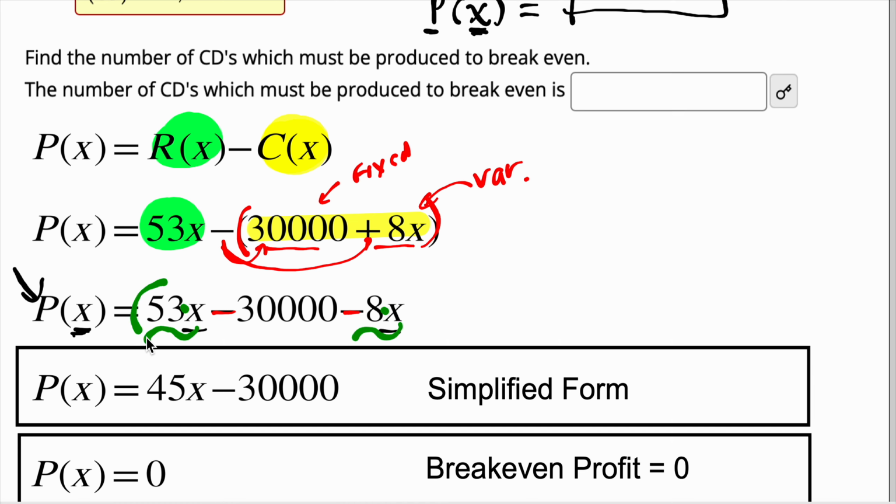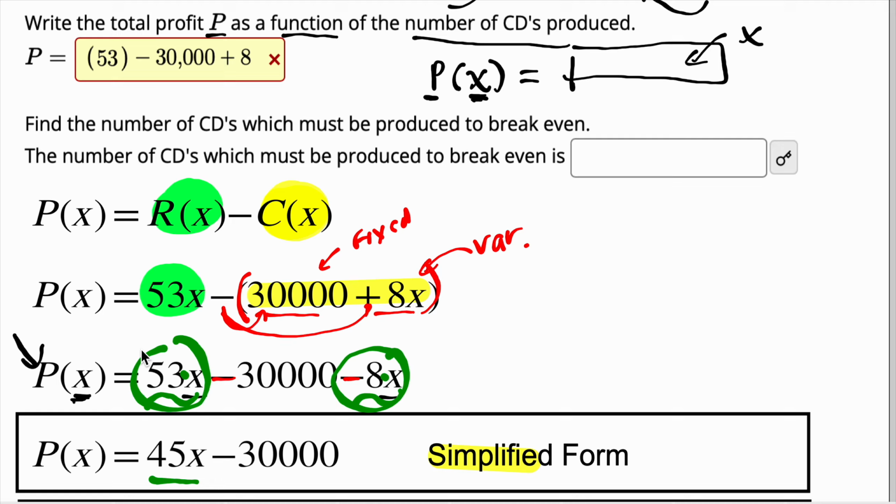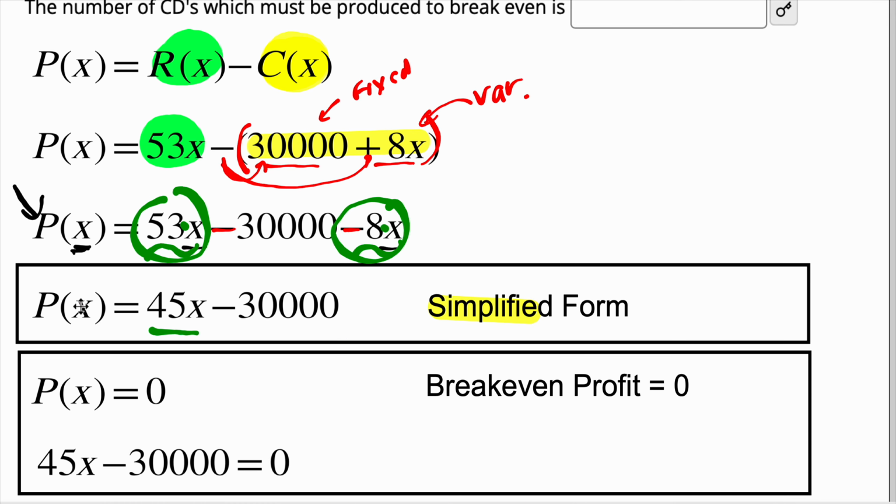If I take 53x minus 8x, that simplifies to 45x minus 3,000. I can't simplify any further. So right here is my simplified form of the profit function. And so what I've done is I have written that profit function in terms of the number of CDs, right? I'm told that X is the number of CDs.